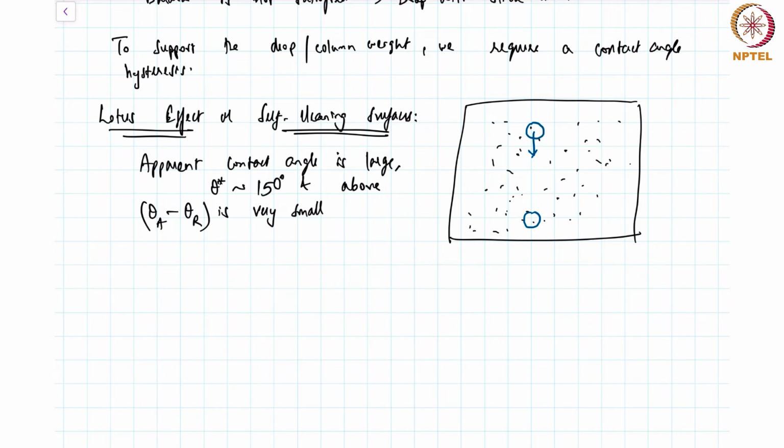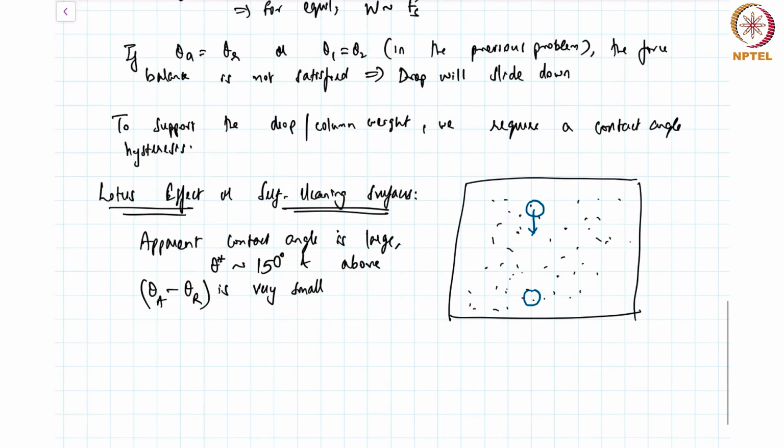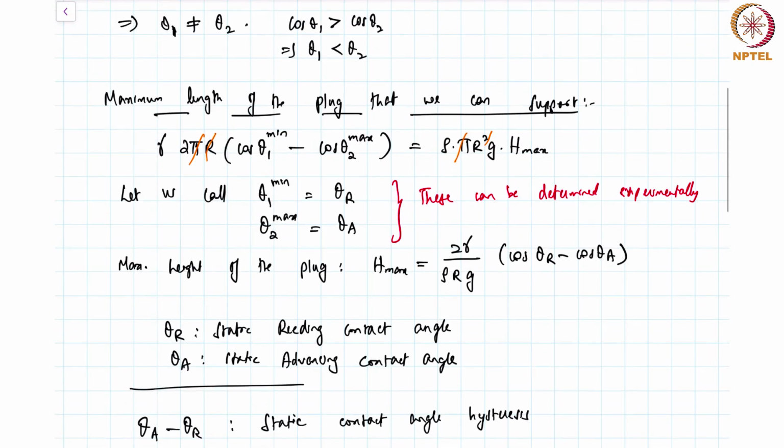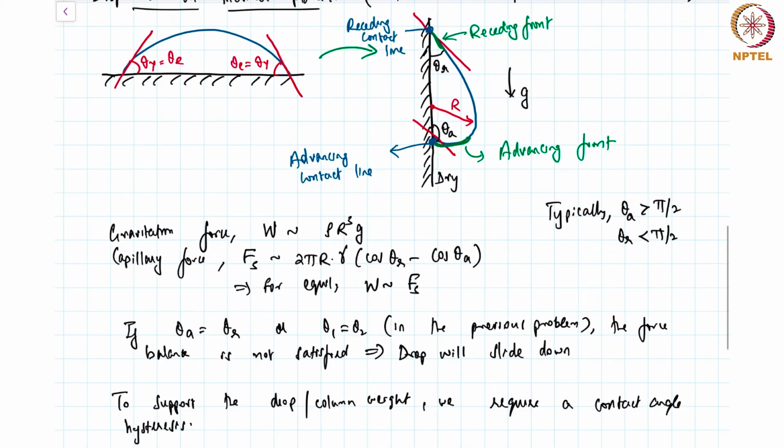So on those surfaces you hardly see any difference between these angles theta A and theta R, and this immediately suggests that if you look at the force balance, cos theta R minus cos theta A will be practically very small. So capillary force is very small, and there is no other force to resist gravity, and therefore the drop will start moving, right? And once the droplet starts moving, the force balance itself will change.